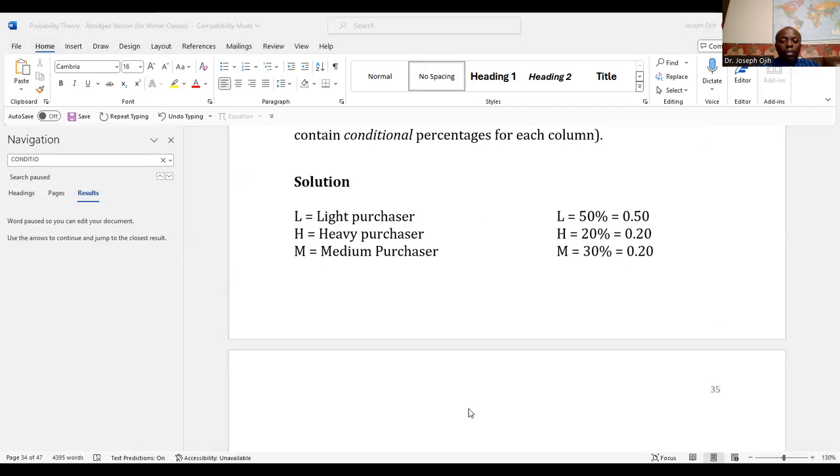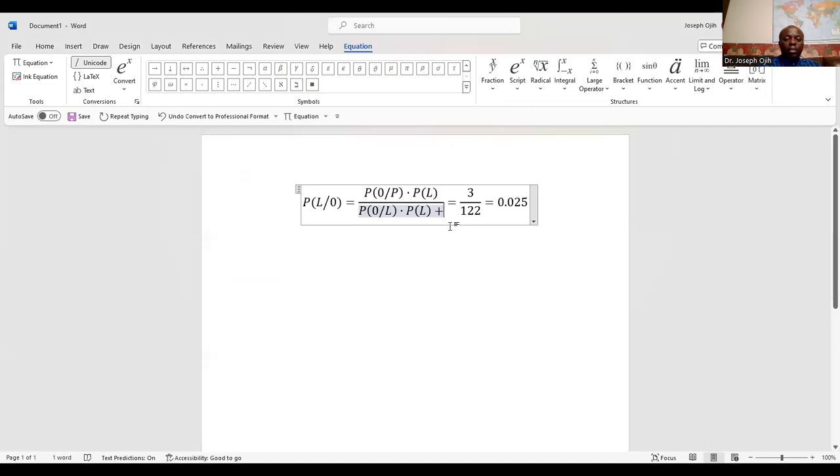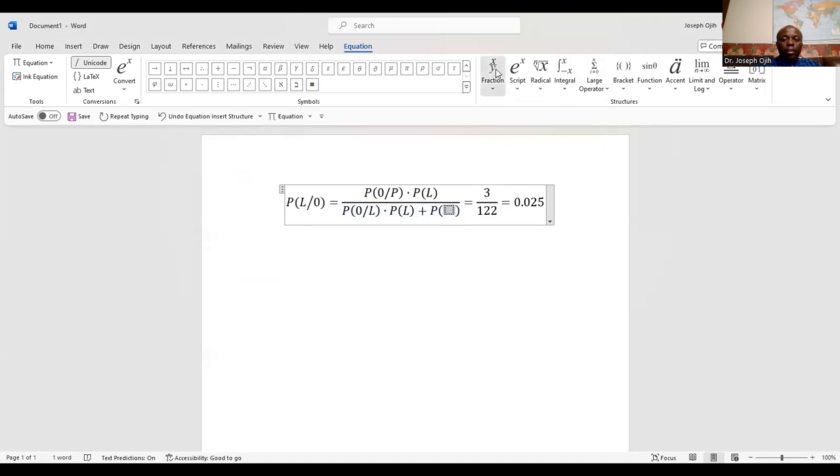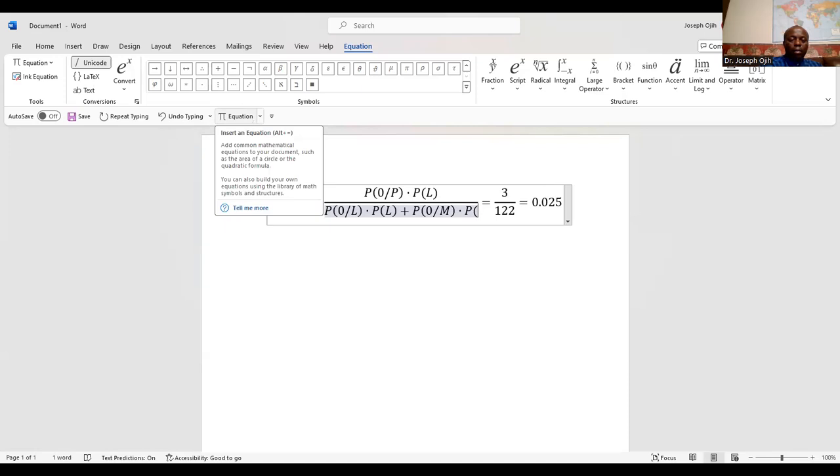So we have this for now, plus the probability of zero purchase, given that the person is a medium purchaser, times the probability of medium purchaser.